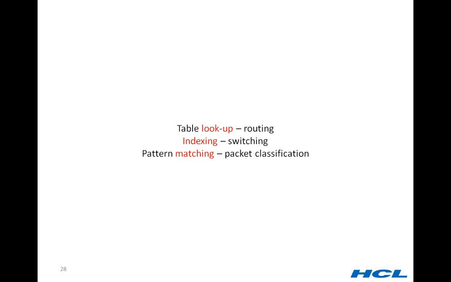So how fast can you look at the table? Should you use hashing techniques, or tries, or some special data structures? How efficiently are you going to organize them, or how distributed are they going to be? Because this routing table is going to pose a lot of challenges, both in terms of space as well as lookup time, right?